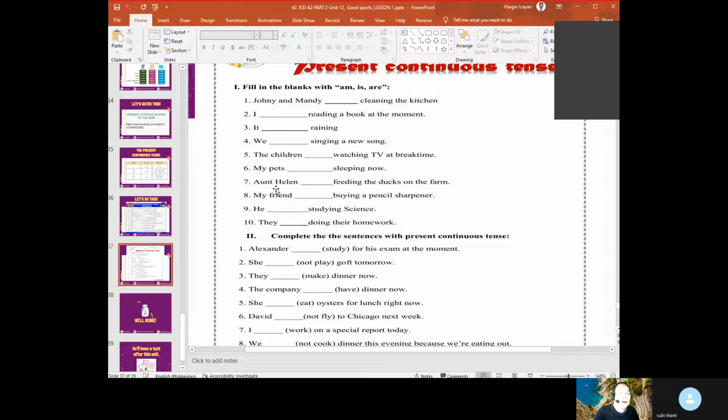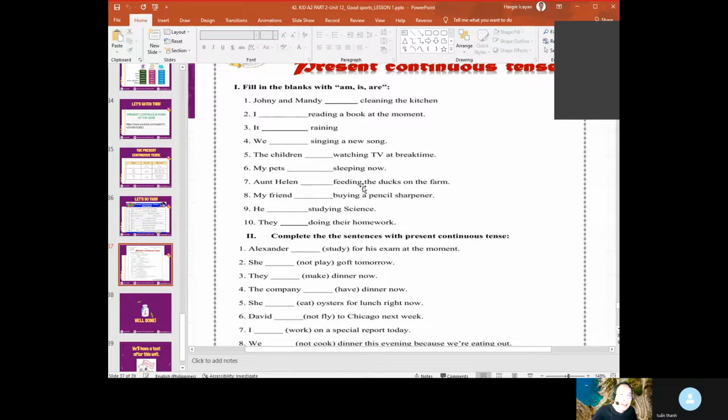Aunt Helen is feeding the ducks on the farm. Okay. Can you say feeding again? Feeding. Yes. This is the clue: if you happen to see a double E in it, it should be pronounced as a long sound, so it should be feed.